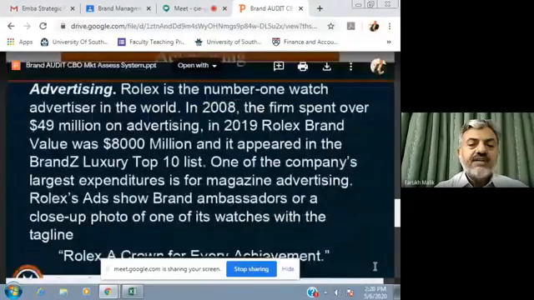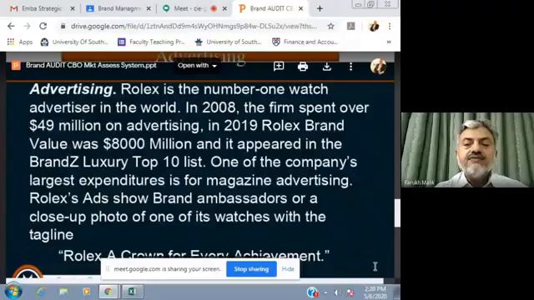Advertising. Rolex is the number one watch, and in 2008 the firm spent over $49 million on advertising. In 2019 the Rolex brand value was $8,000 million, so it has an $8 billion brand value in the market, and that is all because of how many customers around the world respect Rolex.